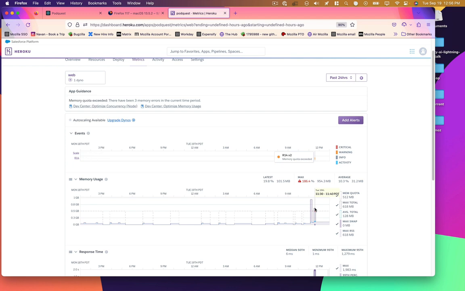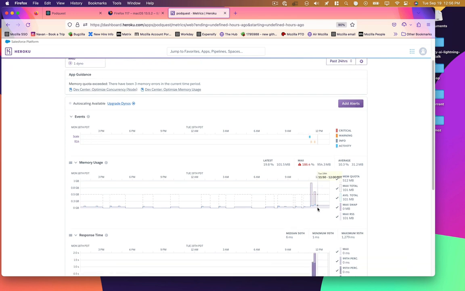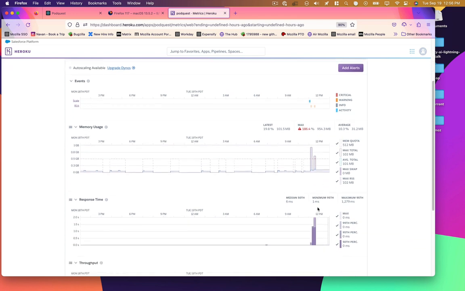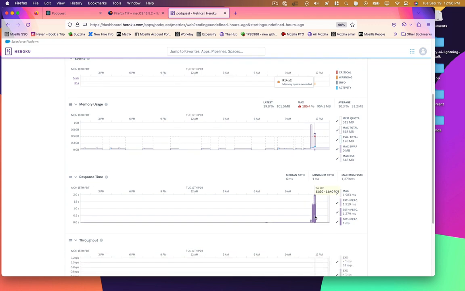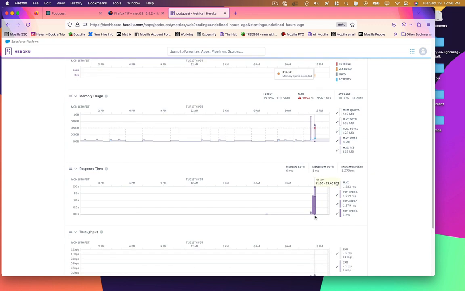I was using FFmpeg to split apart those MP3 files, and I think that's what that is. So that's at 186.4%. So obviously there was some energy consumed there if we're using memory, but we don't necessarily have that output in terms of milliwatt hours or kilowatt hours the way that the Firefox Profiler does.